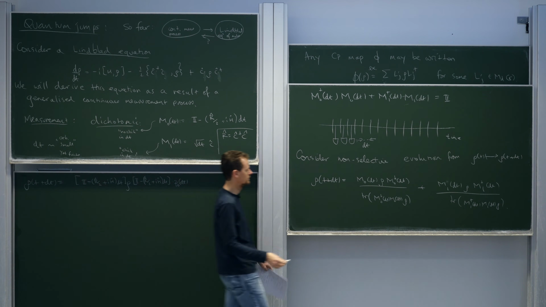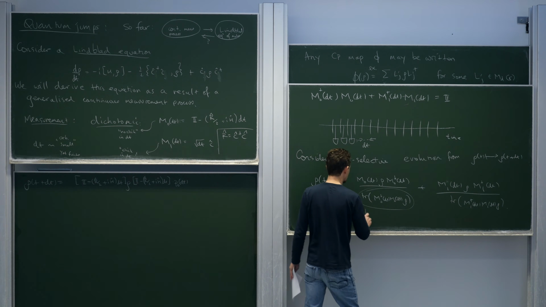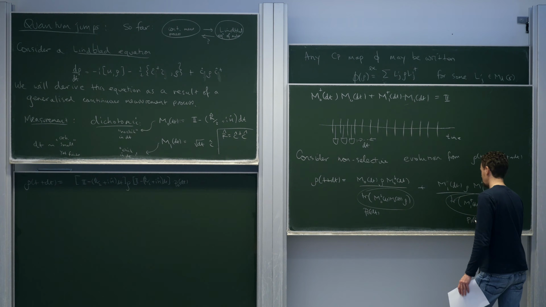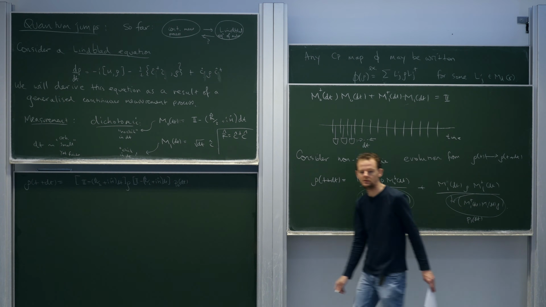So I'm going to cheat and not do the bottom. That's the probability of no click. This is the probability of one click in time dt.